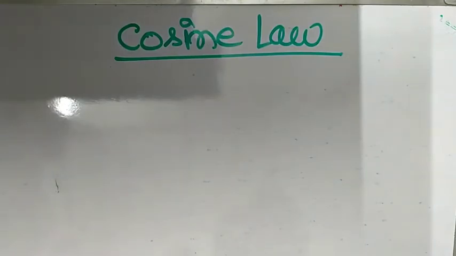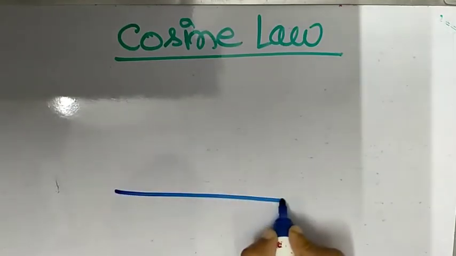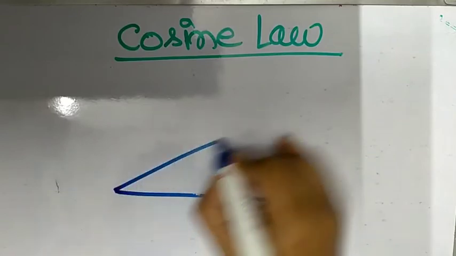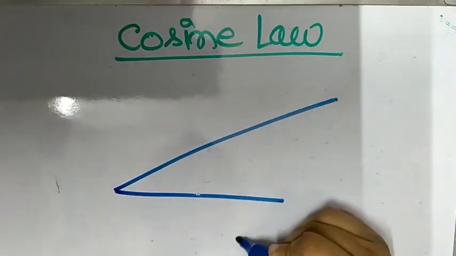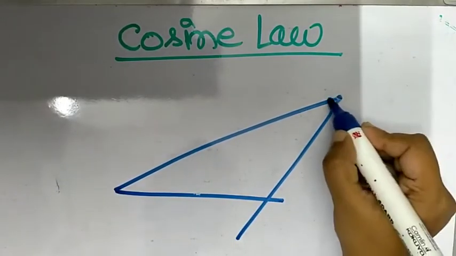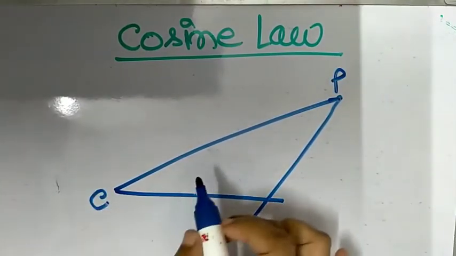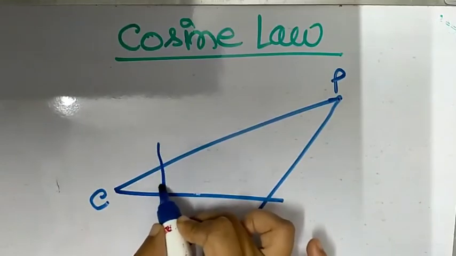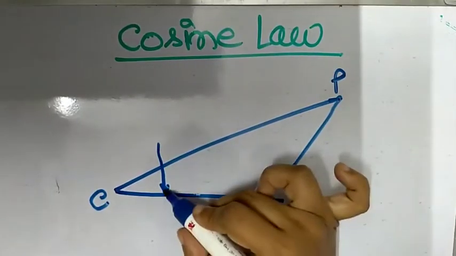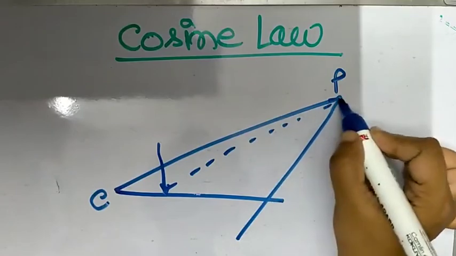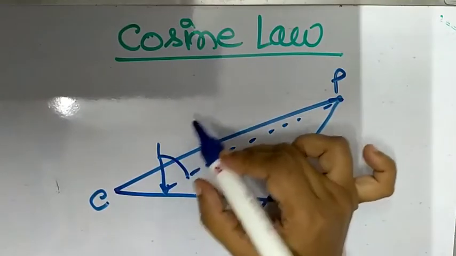Now let us analyze it quantitatively. First I draw a diagram. Suppose this is point P. This angle is theta.